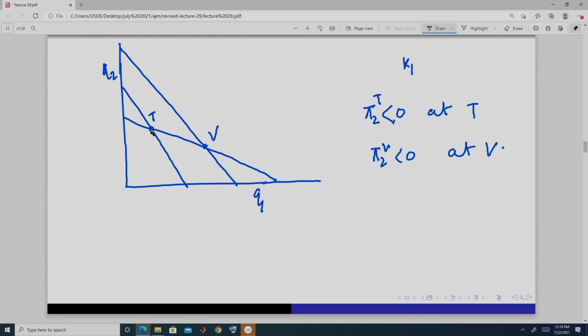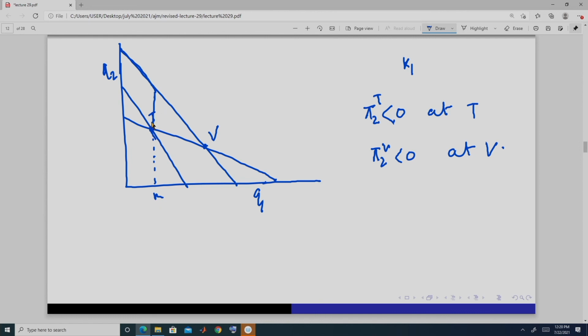So, now suppose the capacity is here. So, the reaction function is this, and if farm 2 enters, the outcome is this, but here profit is negative. So, farm 2 will not enter.